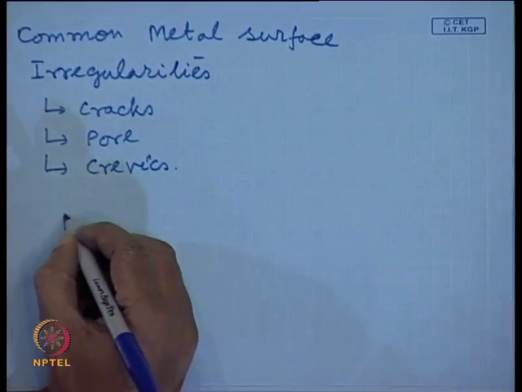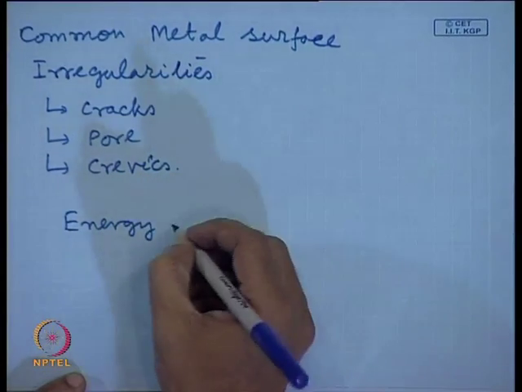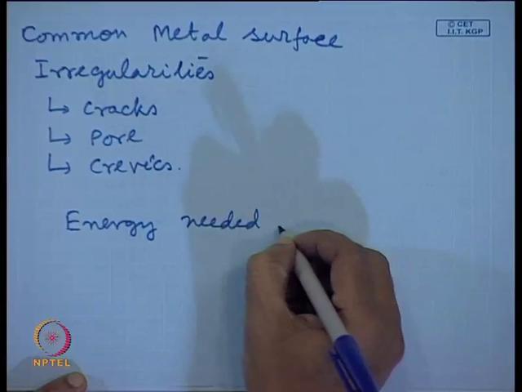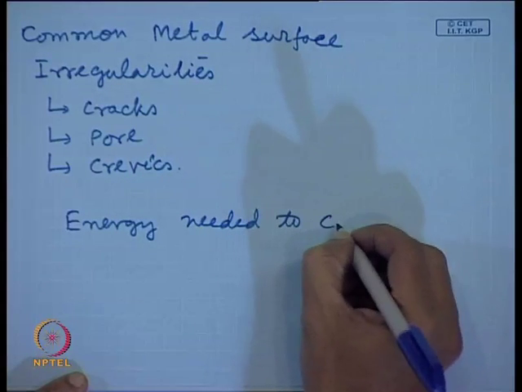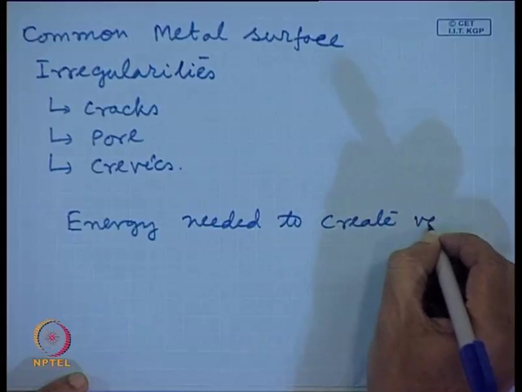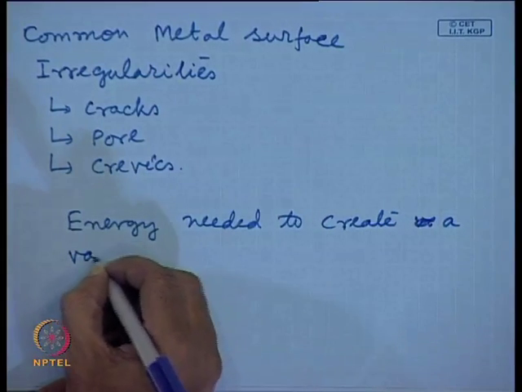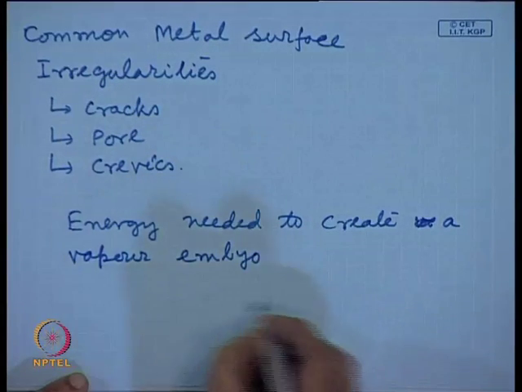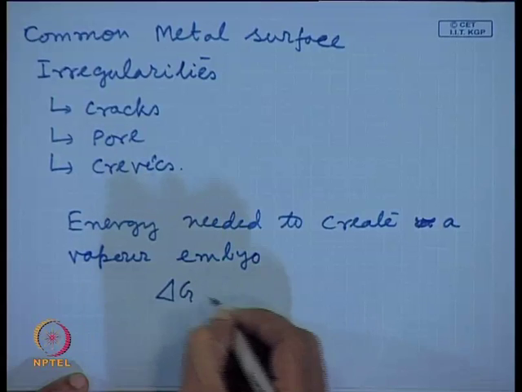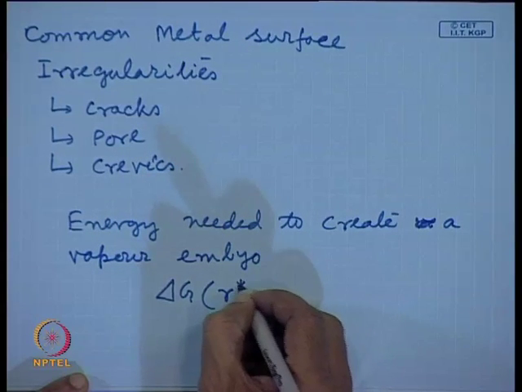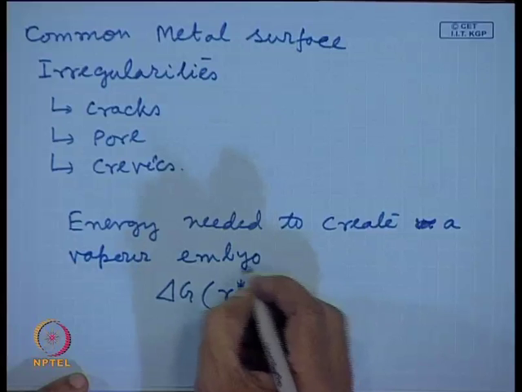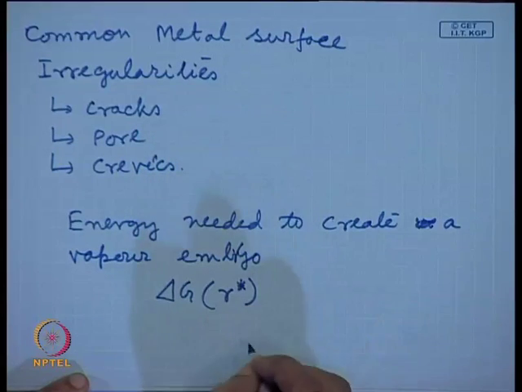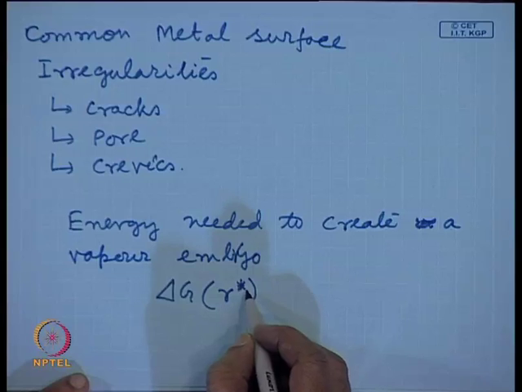Now, that energy needed to create a vapor embryo, let us call it delta G, which is also a function of the embryo radius.